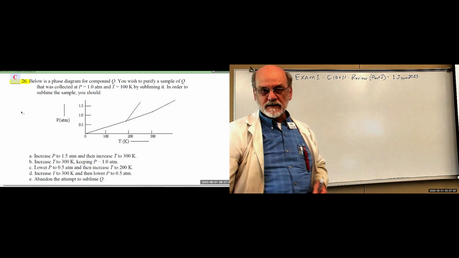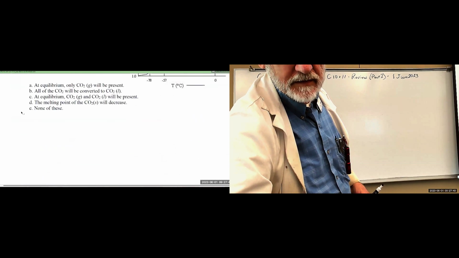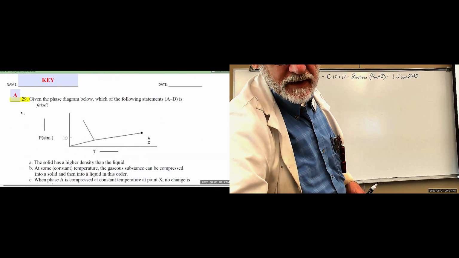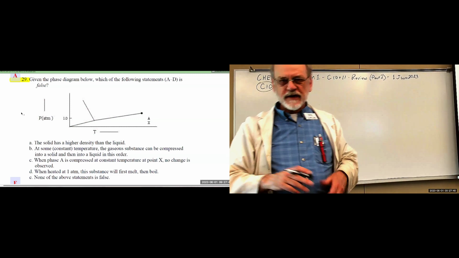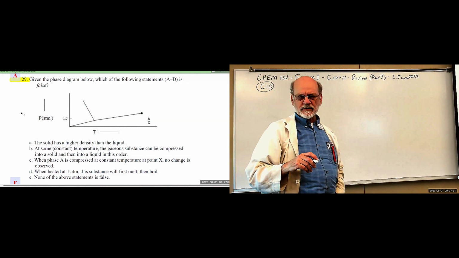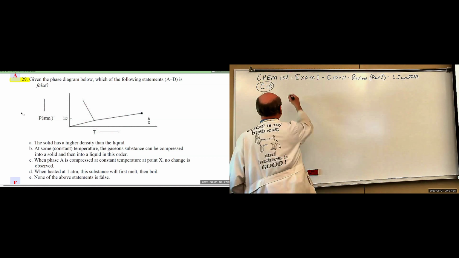All right, 26. We'll skip a couple of others, and we've got another phase diagram. Given the phase diagram below, which of the following statements, A through D, is false?